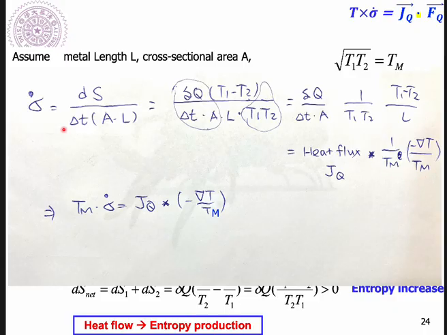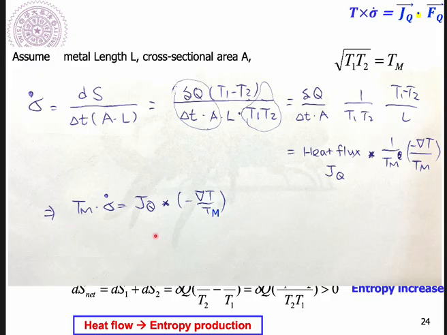So compared to these equations, what I have here is temperature times sigma dot equals flux. And the remaining term is what we call the driving force for heat flow. So the driving force for heat flow is not just the temperature gradient, also divided by the temperature, which is Tm.